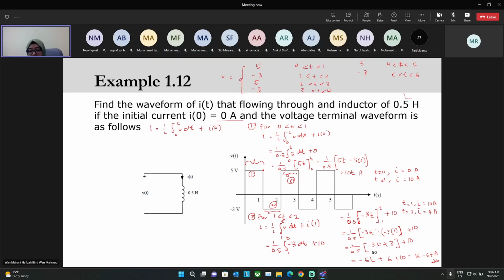Kan kita kira untuk tempoh 1 ke 2, equations I, ini I yang kita dapat ni adalah 16 tolak 6T ampere. So, bila you ganti dengan 1, 16 tolak 6 dapat 10. Bila you ganti dengan 2, 16 tolak 12 dapatlah 4. Okay.